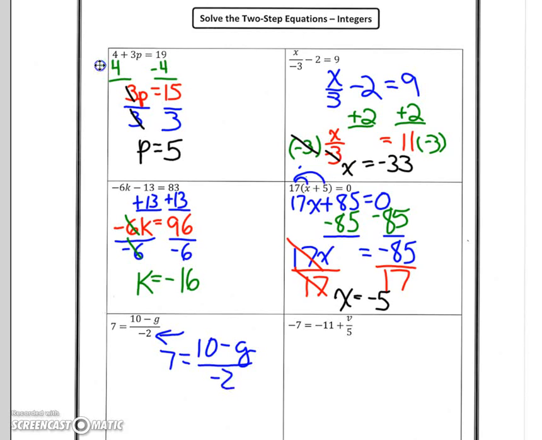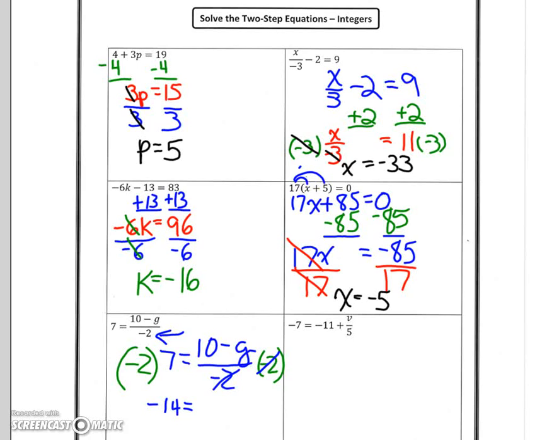And so 7 equals 10 minus g over negative 2. We're going to multiply both sides by negative 2. And that will cancel out. And then we have 7 times negative 2 is negative 14.